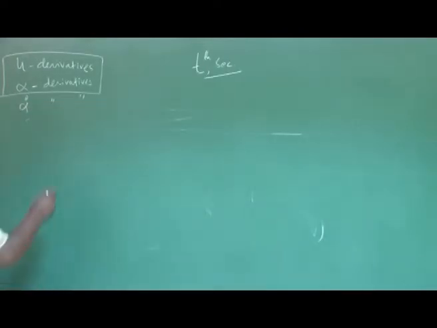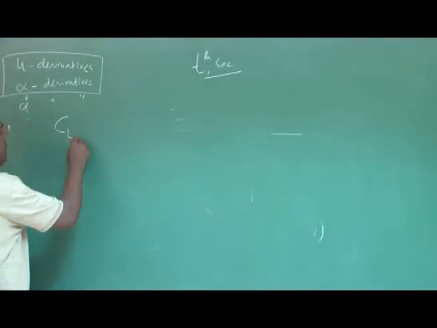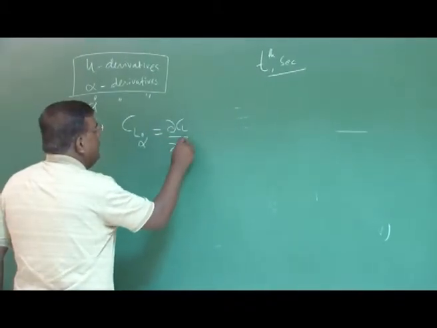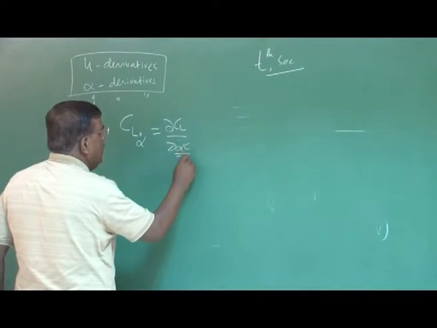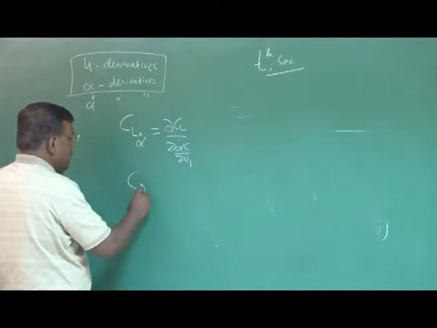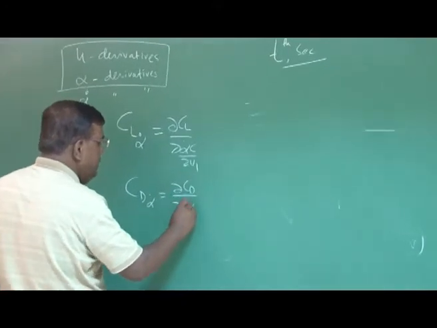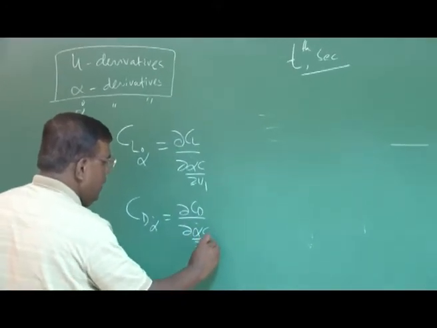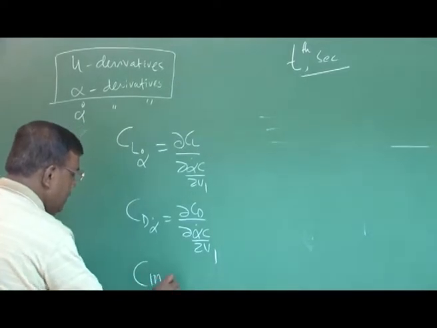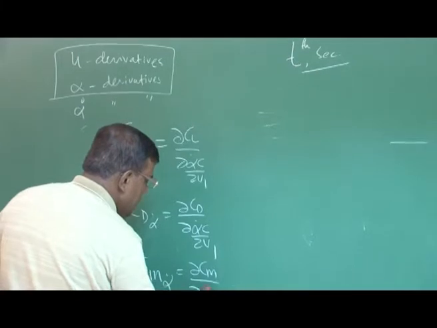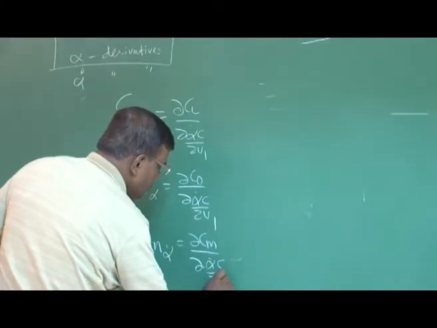And what are those derivatives? We will try to find out CL alpha dot, which is nothing but dCL by d(alpha dot C by 2U1), CD alpha dot, which is dCD by d(alpha dot C by 2U1), and Cm alpha dot, which is dCm by d(alpha dot C by 2U1).